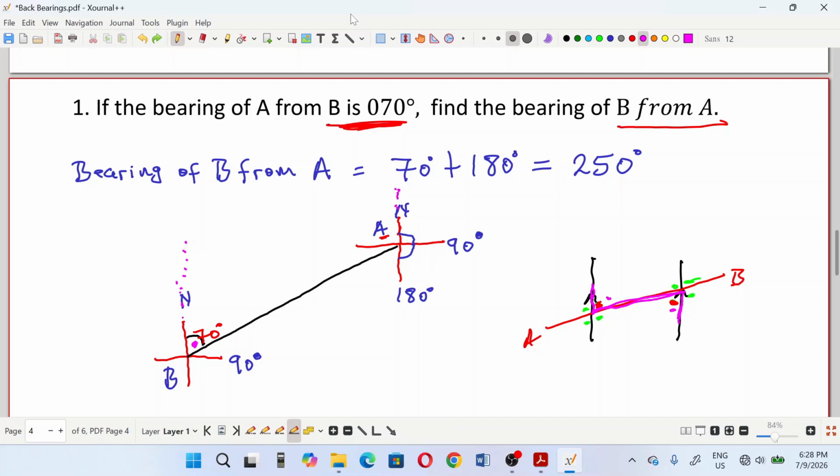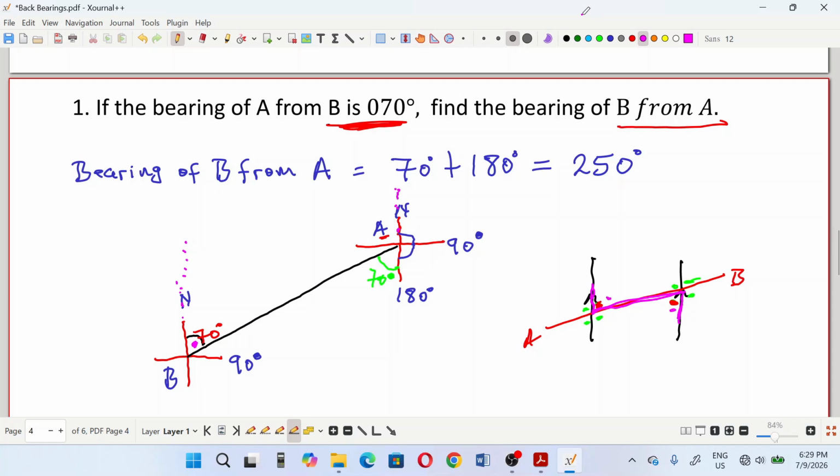It means this whole angle, let me use this color. It means this angle is also what? 70 degrees because they alternate. This is 70, this is going to be 70. And therefore, if I want to find the total angle from the whole of A, I'm turning, and we have to always start from the north.